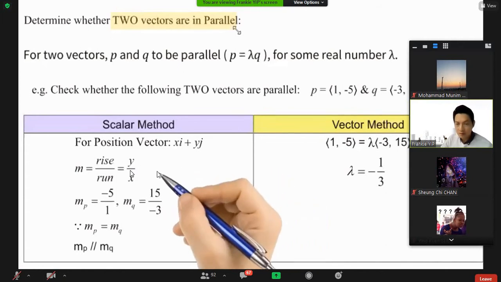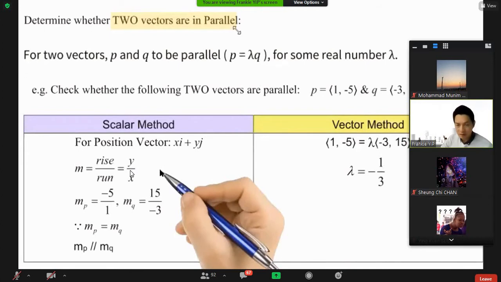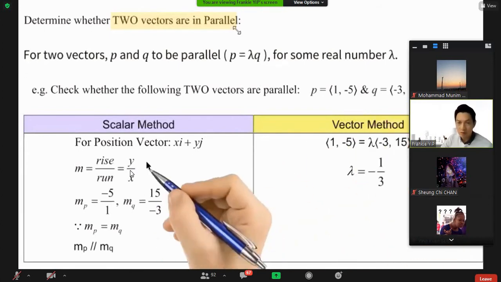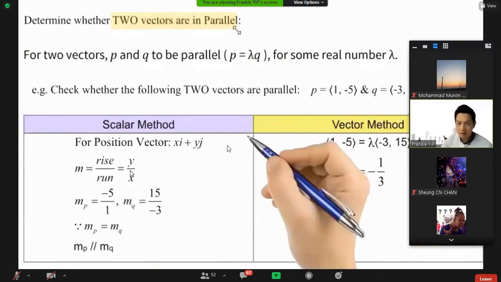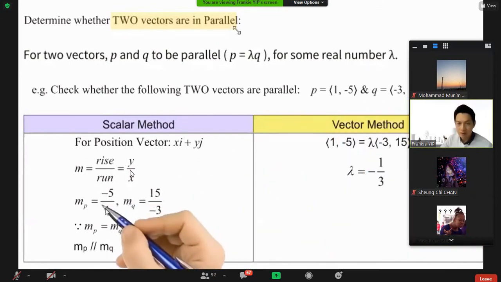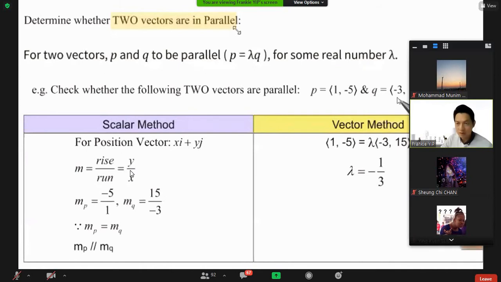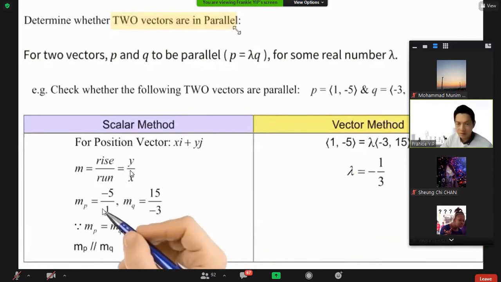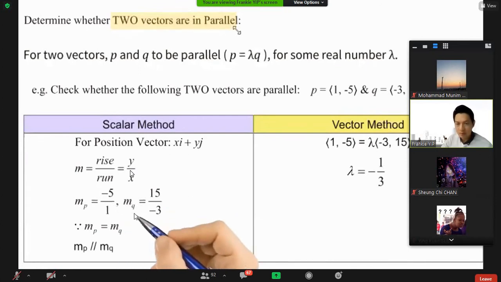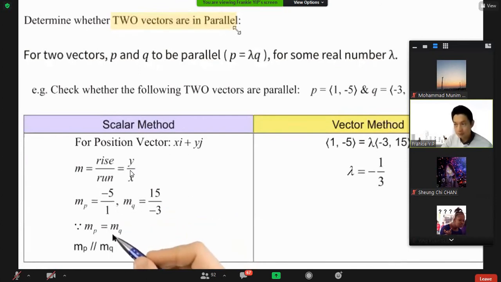If they are parallel to each other, let's find the slope, y over x, rise over 1. So it's negative 5 over 1 for the slope of P, and 15 over negative 3 for the slope of Q. You can see that both slopes are equal to each other.